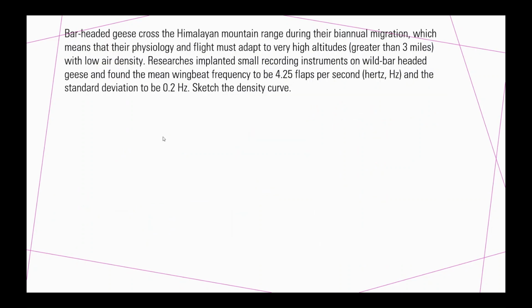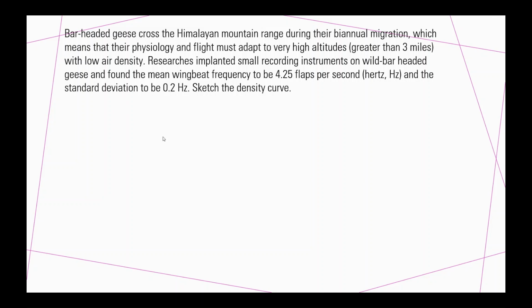In this slide, we are going to look at an example of our empirical rule, but this time we're going to use the probabilities as opposed to the percentages. Bar-headed geese cross the Himalayan mountain range during their biannual migration, which means that their physiology and flight must adapt to very high altitudes, greater than 3 miles. Okay. Which means that there's going to be a low air density, and that means it's going to be harder for them to fly.